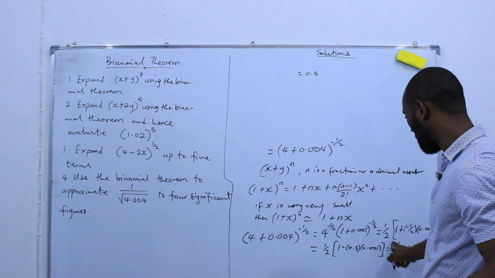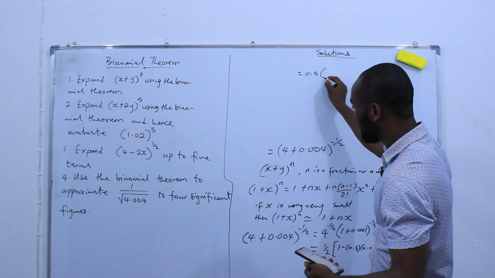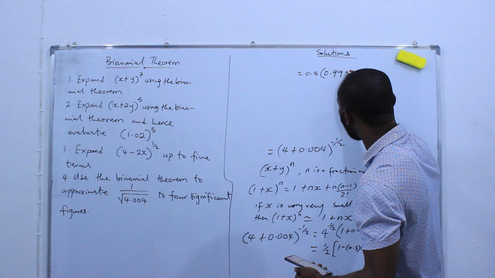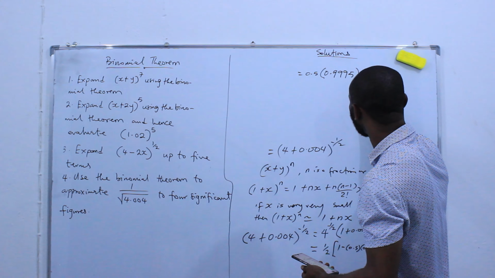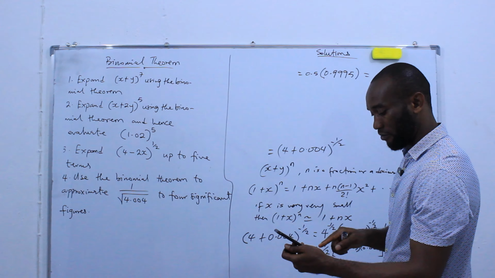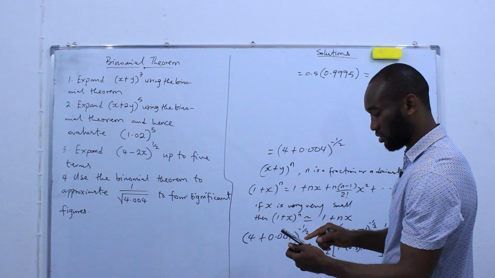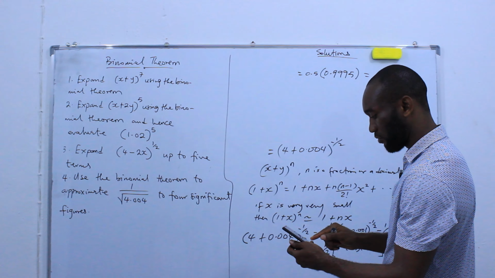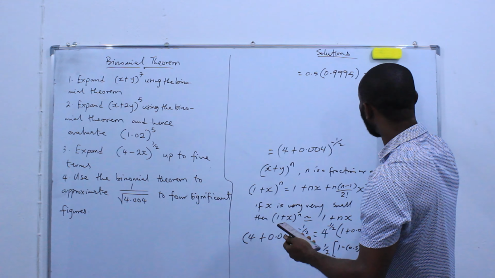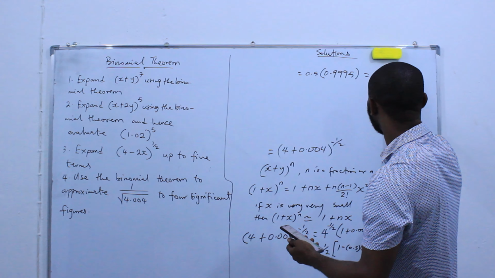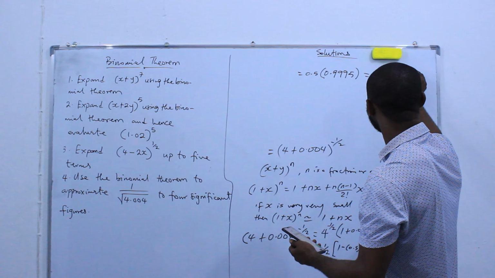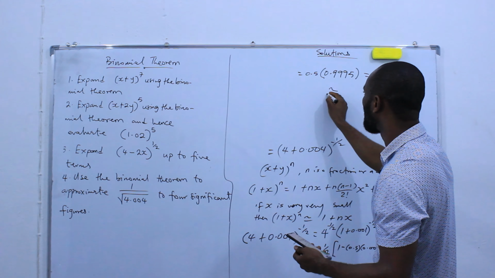I'm changing that 1 over 2 to 0.5 times 0.9995, which gives us 0.4975. Remember, we are to approximate this.